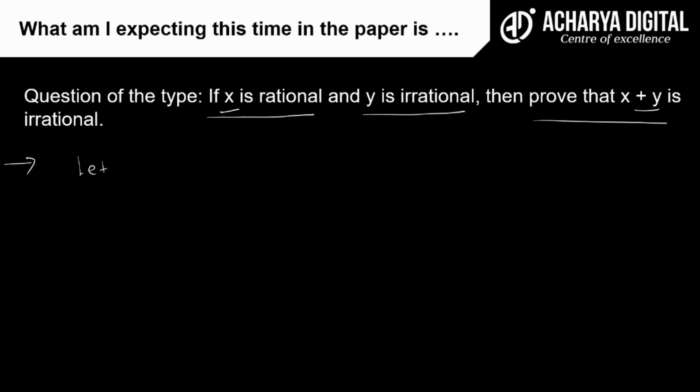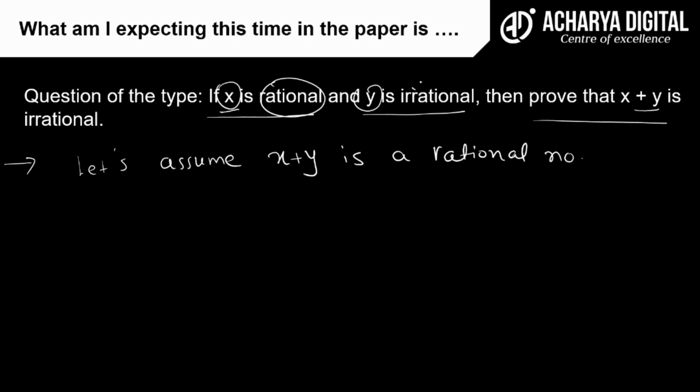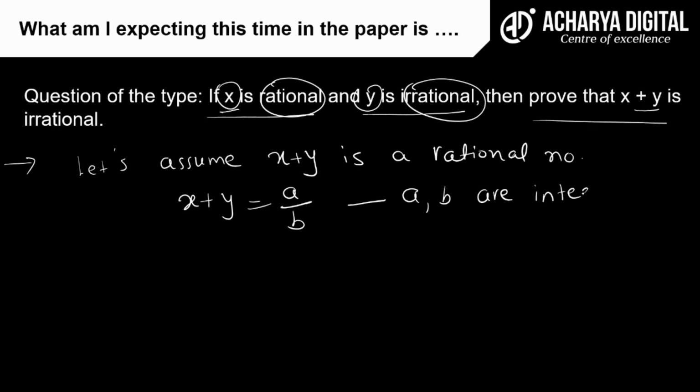So you will assume, let us assume X plus Y is a rational number. So here X is rational, Y is irrational. So that rational number I'll assume as A by B, where A and B are integers. X is rational. A by B is also rational.